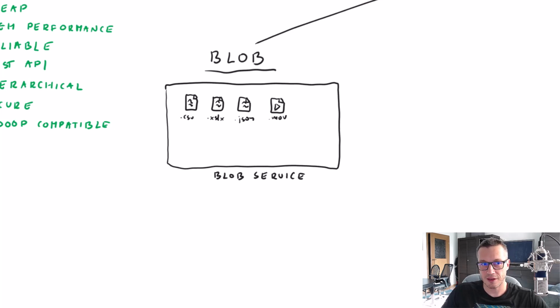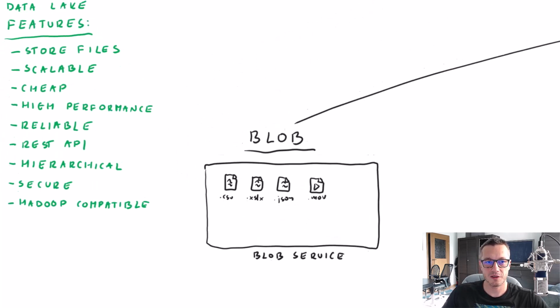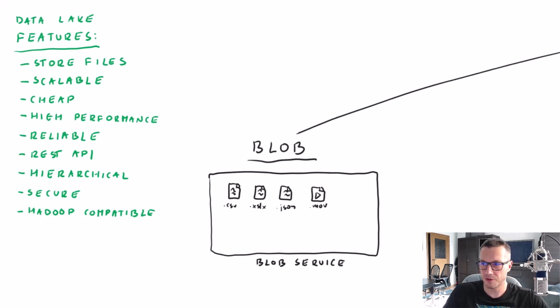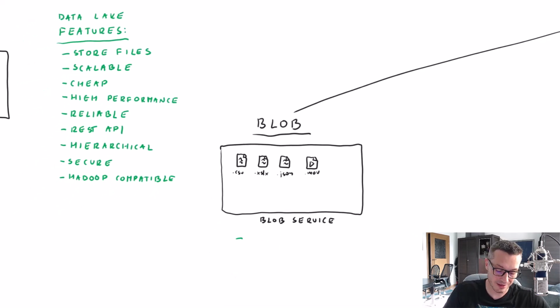So let's think about those features that we just defined that a data lake should have, and let's analyze whether this Blob service meets all of those requirements. First of all, does it store files? Yes, that's the key functionality of a Blob service. Secondly, is it scalable? Yes, it is. We can store a lot of data.